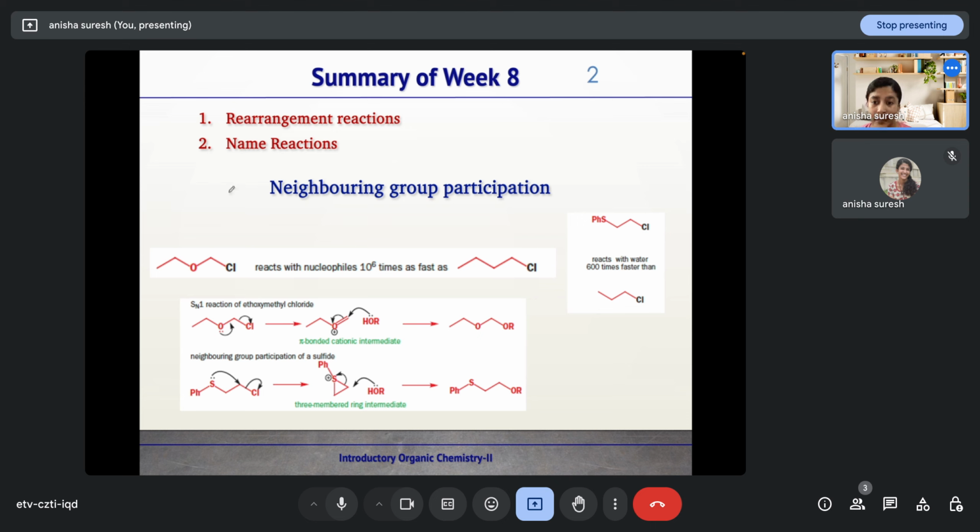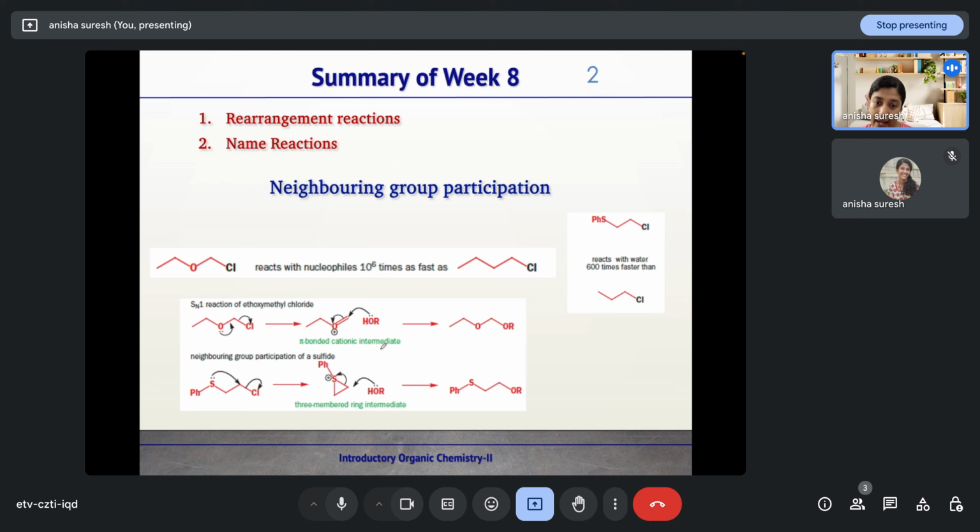In this case, the oxygen lone pairs can fall into this position, leading to formation of this oxonium type ion and removing this chloride. Then the incoming alcohol can attack at this position and neutralize the positive charge on this oxygen, leading to formation of this product. So here the lone pair on oxygen is participating for the reaction to become faster.